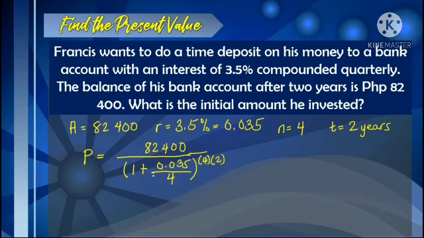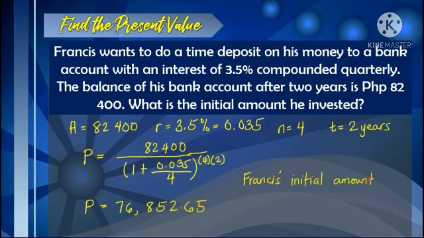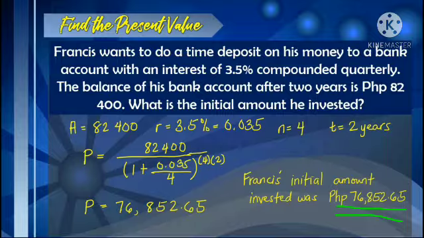And to do so, calculating this, that would give us the value of 76,852.65 pesos. Therefore, Francis' initial amount invested was 76,852.65 pesos. That is our final answer.